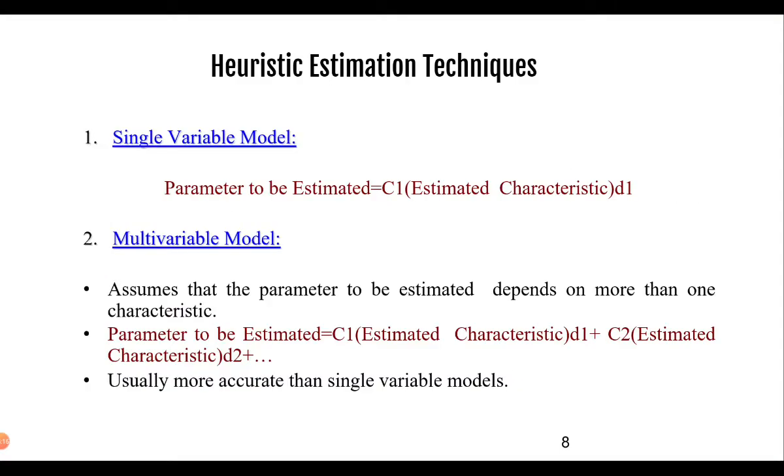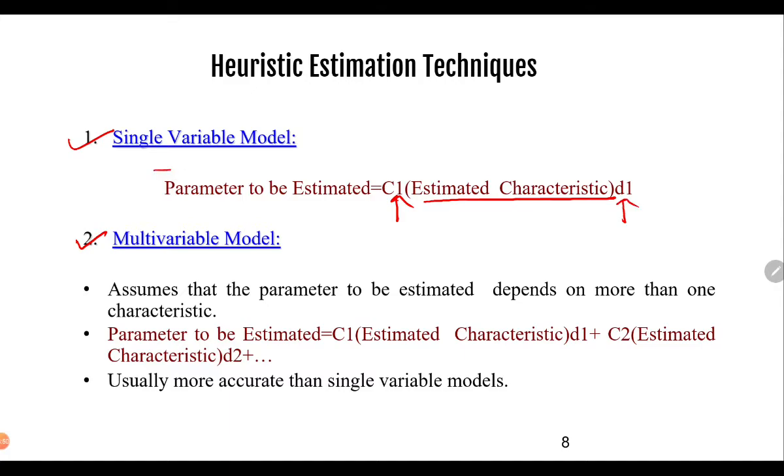The next estimation technique we will talk about is the heuristic estimation technique. And here we have two different models, the single variable model and the multivariable model. So in the single variable model, the parameter to be estimated is basically a single parameter, and it will have an estimated characteristic augmented by two different constants, that is C1 and D1.